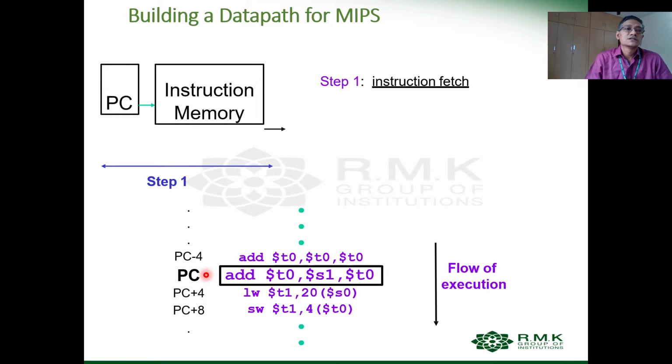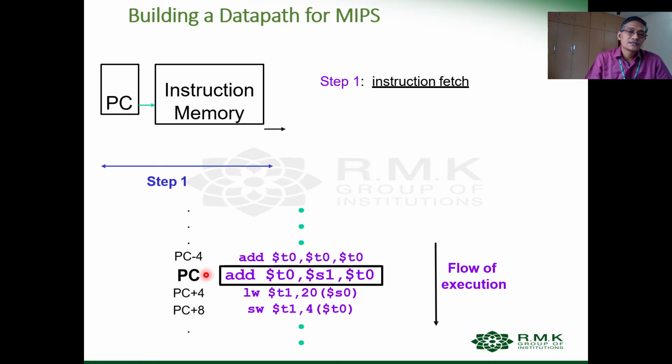Because the MIPS processor follows byte addressing. What is byte addressing? In each location of the memory we will have only one byte of information. In MIPS, both instruction and data are represented in 32 bits. It is a 32-bit processor; it can handle 32-bit data at any time.